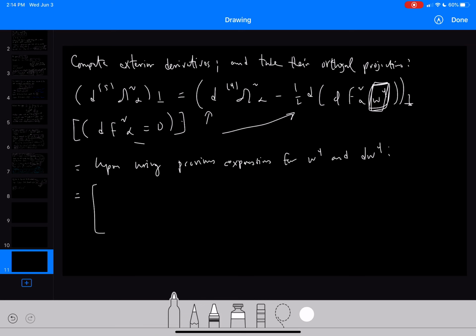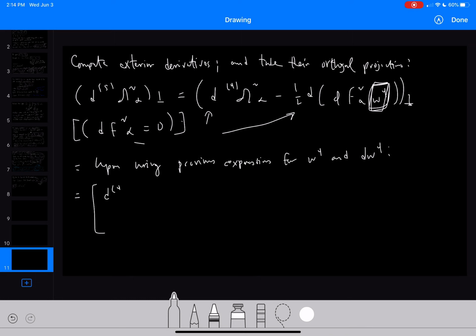I put big square brackets because I will then take their projection. I've still not done the orthogonal projection, but that's a very simple thing to do, because we're just projecting from 5D space to 4D space.